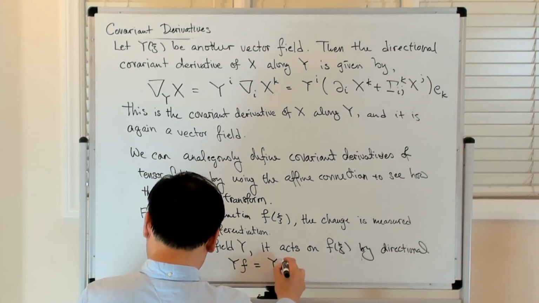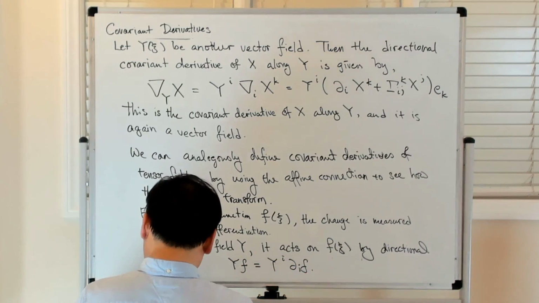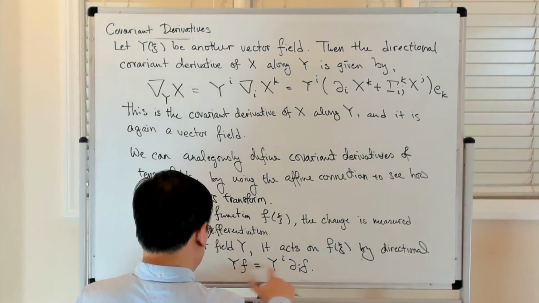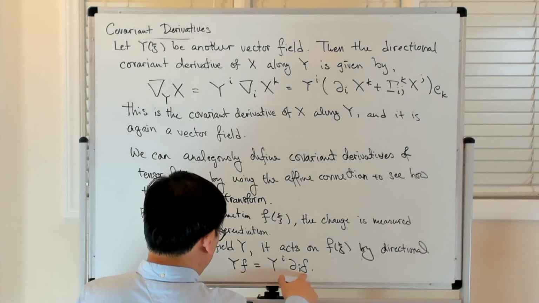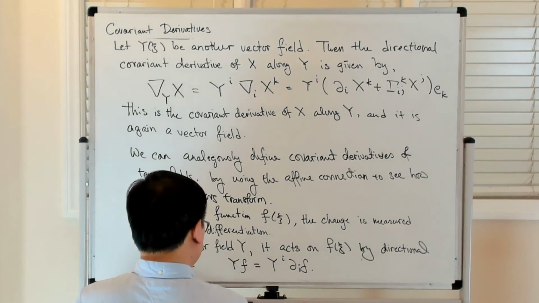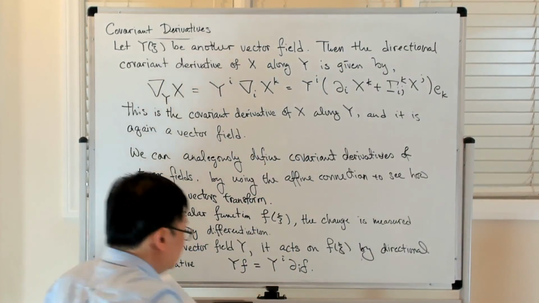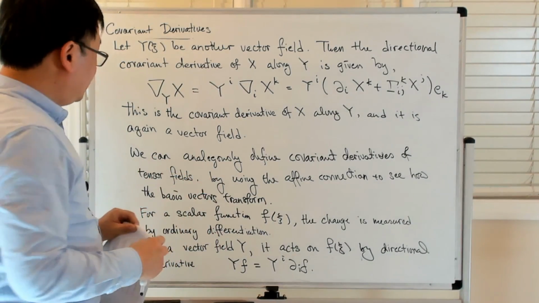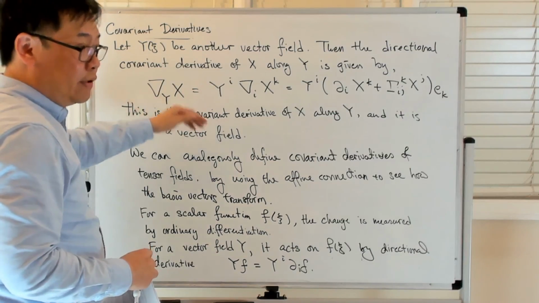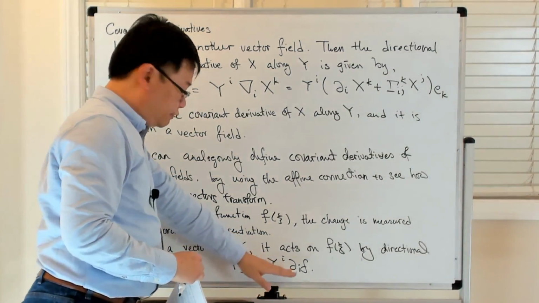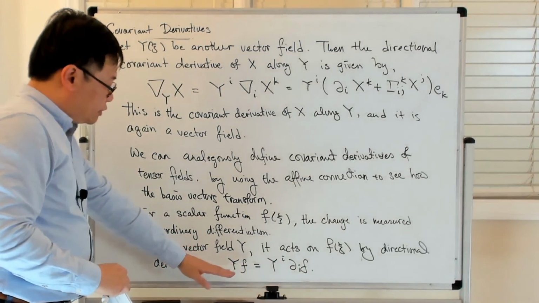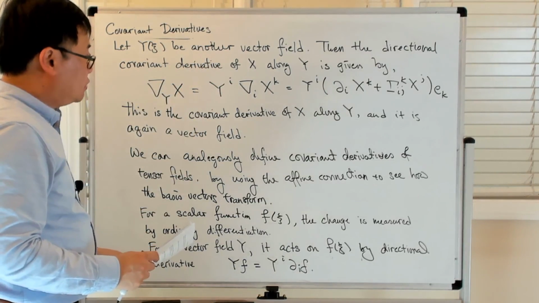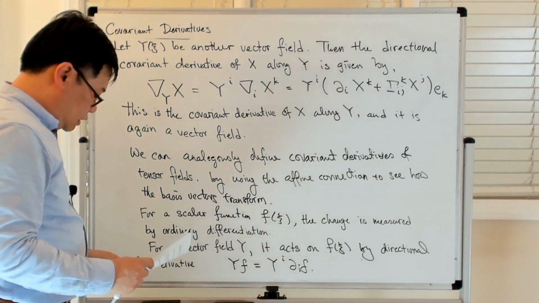So that's Y^i d_i of f. So as before, if you just did this naive thing where f is now not a scalar but a vector, that doesn't give you a tensor. And so if you're trying to measure derivatives of tensorial valued objects, then you need to use the covariant derivative instead. But scalars are simple, and you don't need to invoke that more sophisticated machinery. But more generally, for these tensorial values, you have to work with the covariant derivatives. All right, so let me just stop here for now.